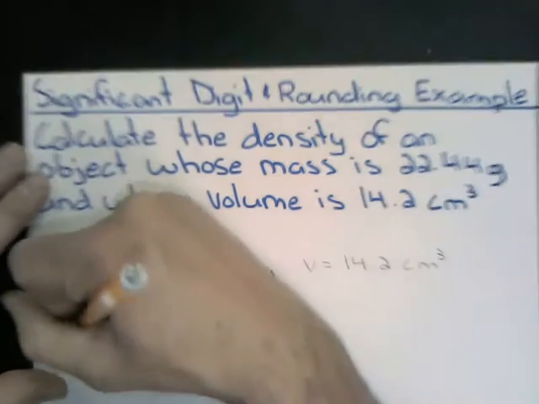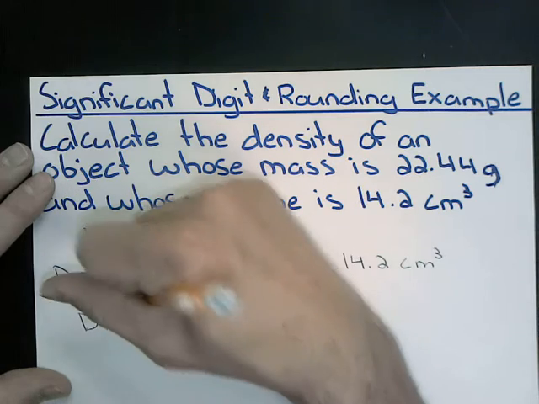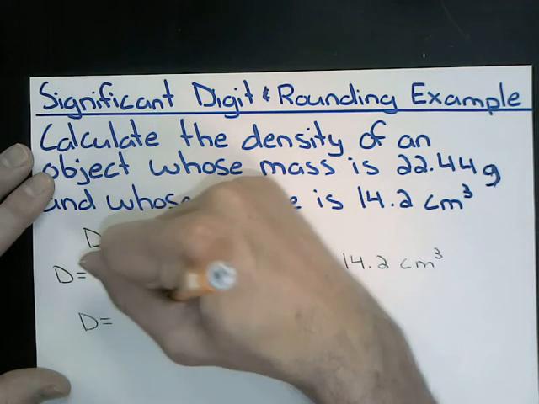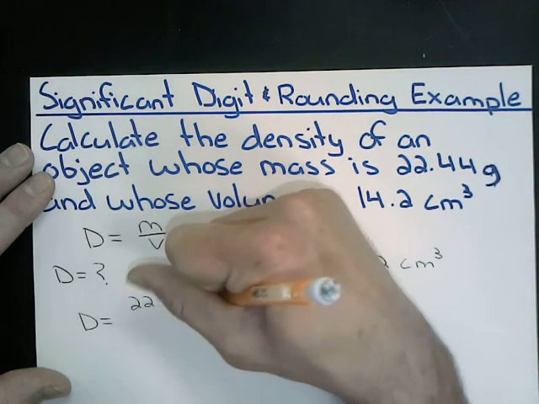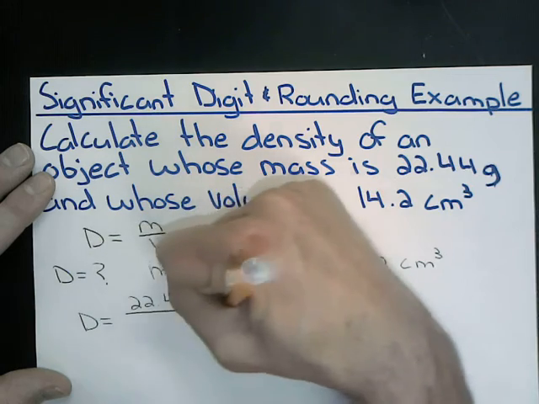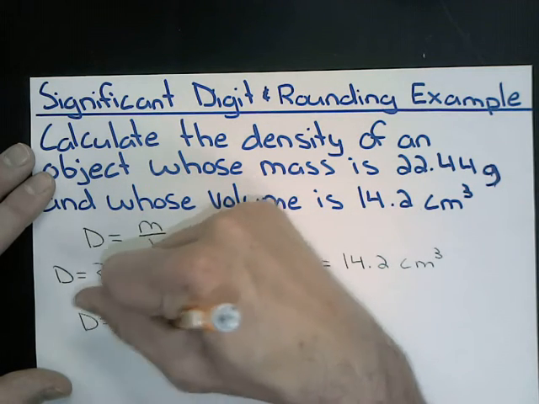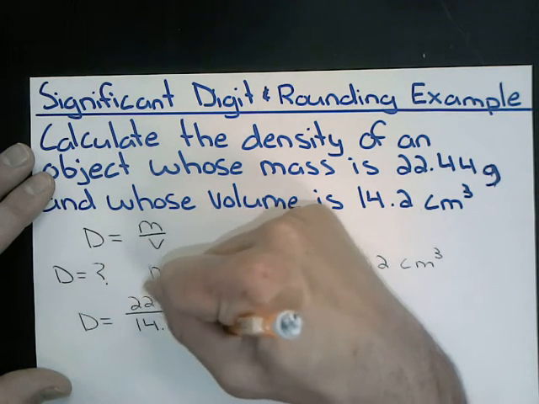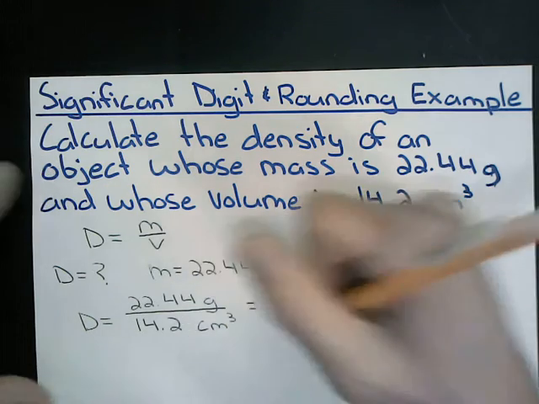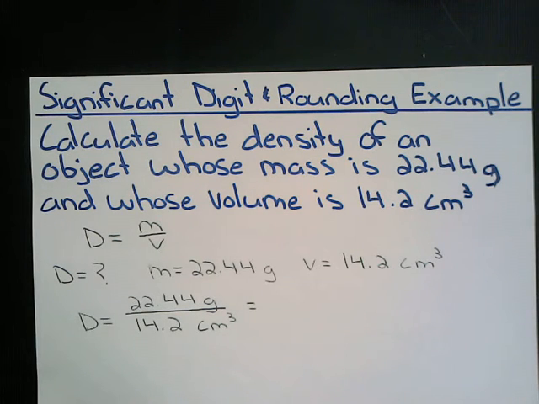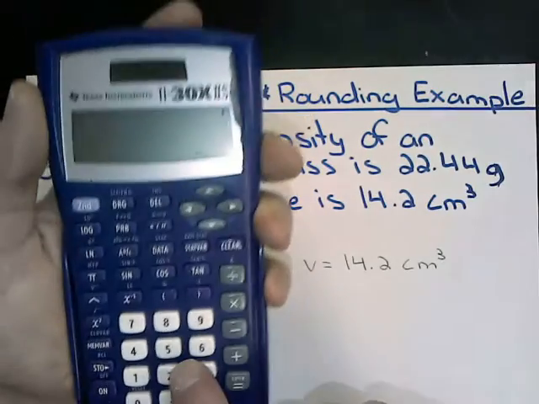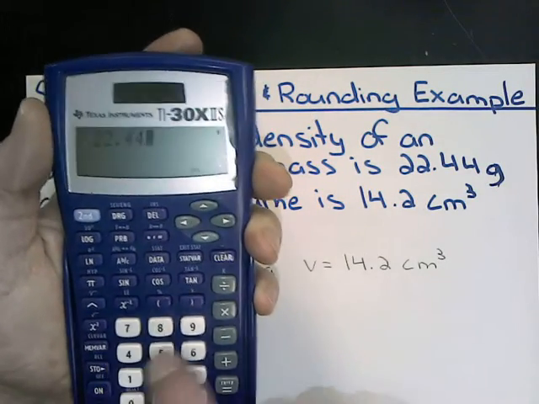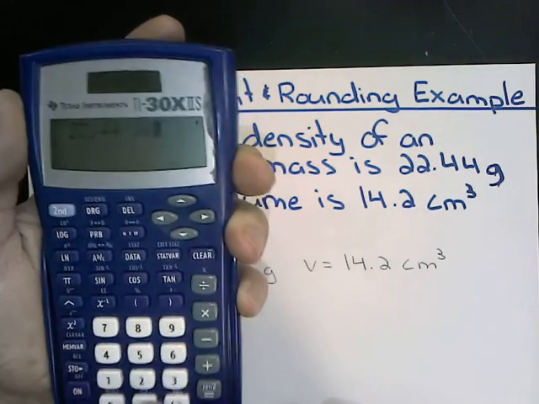So all I'm going to do here is plug this into our problem. So we have 22.44 grams divided by 14.2 cubic centimeters. Okay, and I'm just going to put that into my calculator here. So 22.44 divided by 14.2.